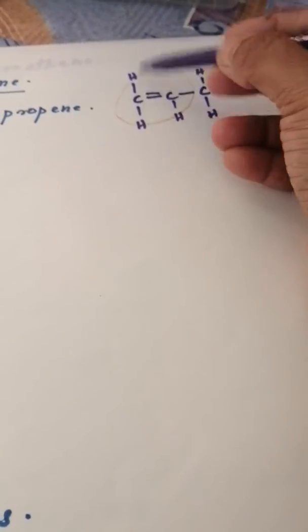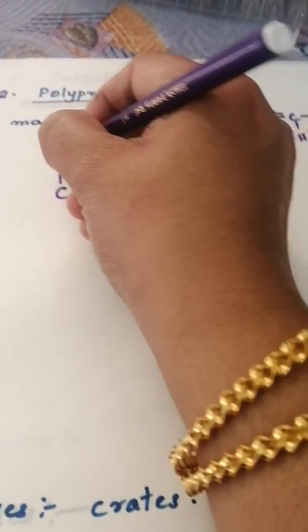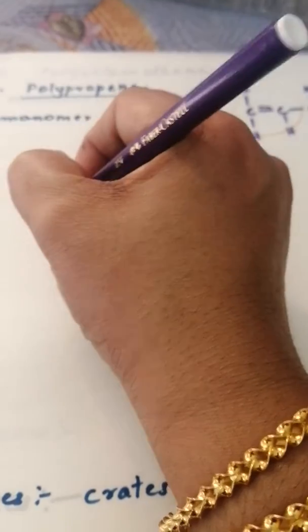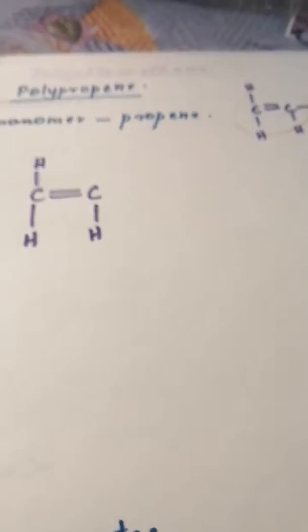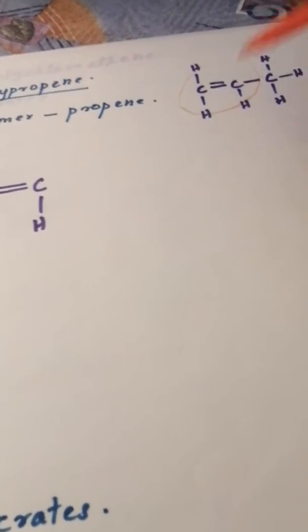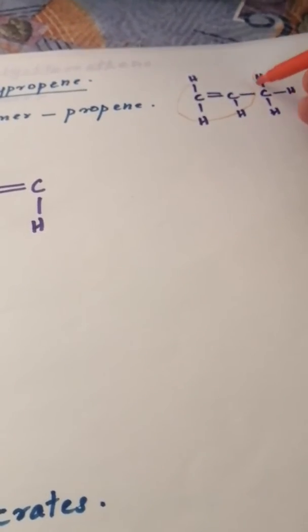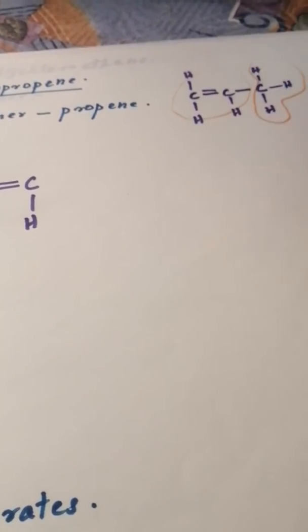Alright, now check this carbon. What does it have? It has 2 hydrogen. So I show 1 hydrogen on top, 1 hydrogen on the down. The second carbon is having just 1 hydrogen. I write that. But then the problem, the second carbon is also connected and the CH3 is along with it.